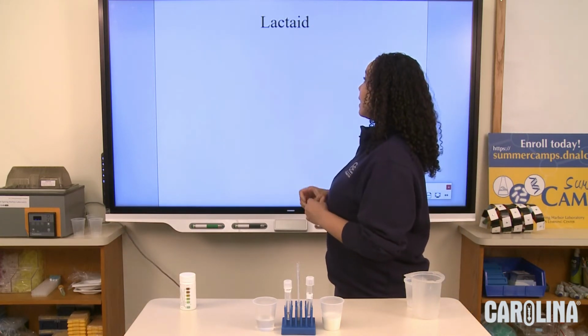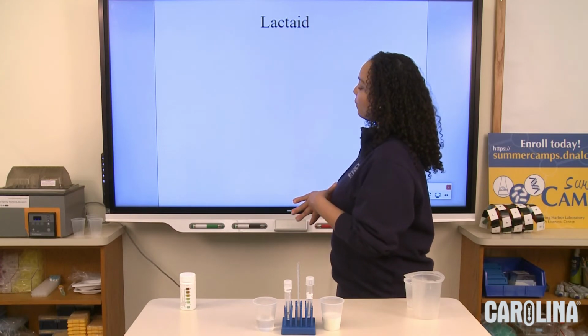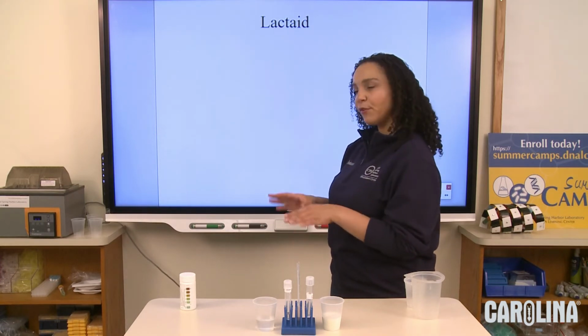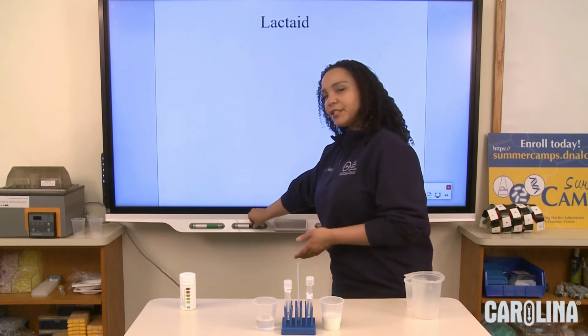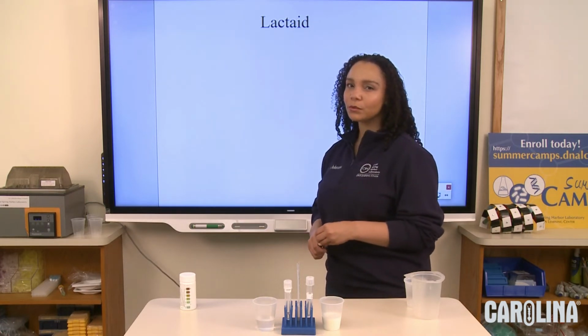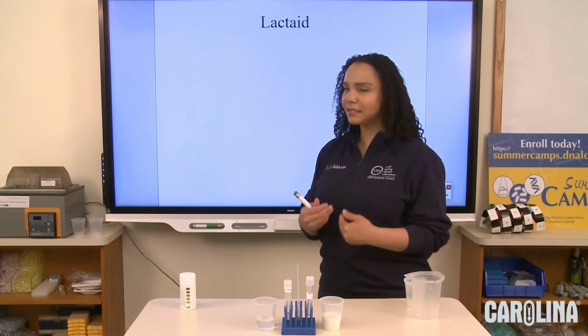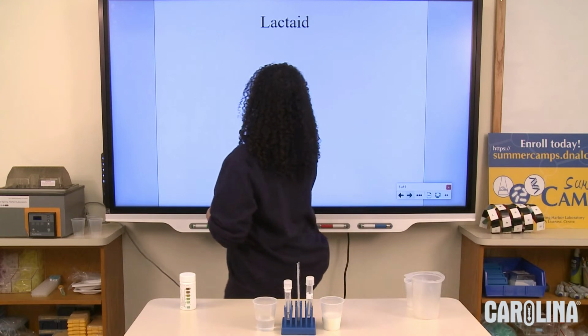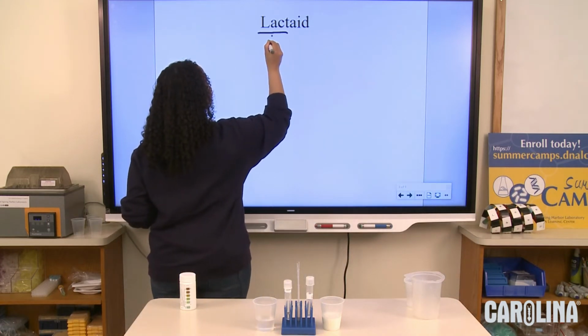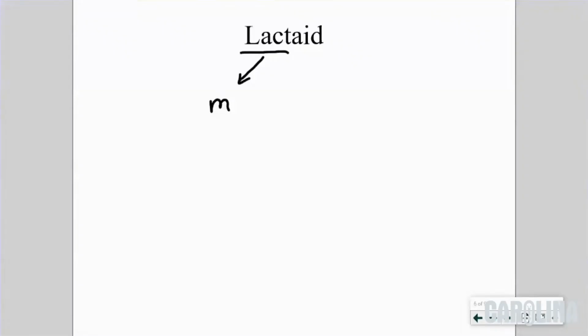Lactaid helps in one very specific way. So first, Lactaid actually is milk. And if it's milk, that means it has lactose. But if someone's lactose intolerant, that sounds like a problem to me. Let's talk about how this works. So we know that lac refers to milk. And if this is actual milk, it has lactose.